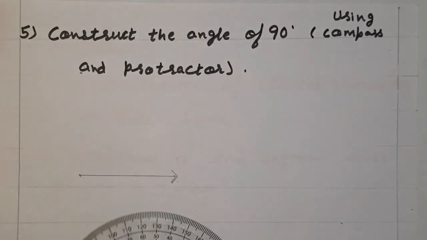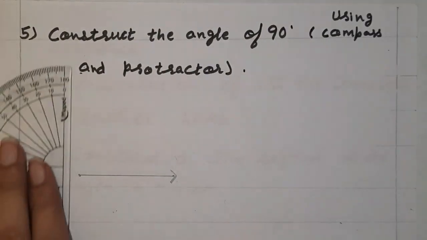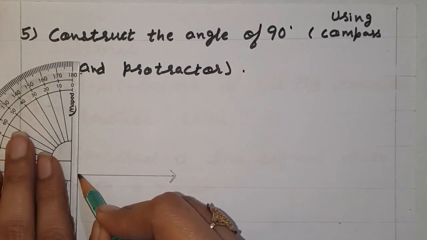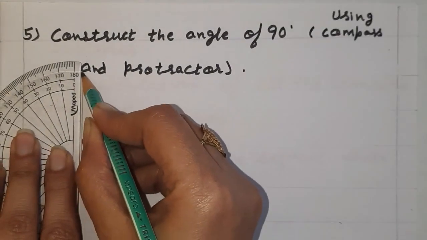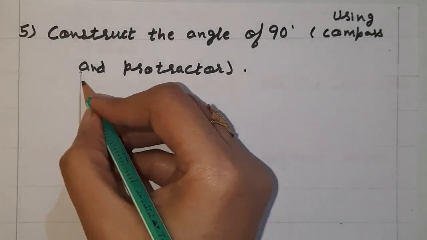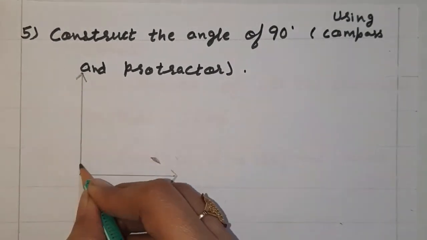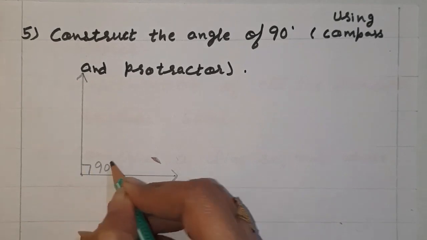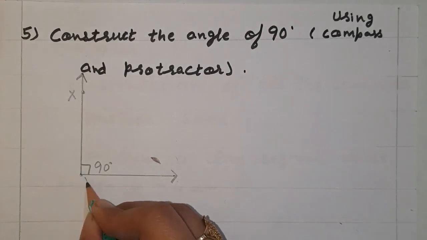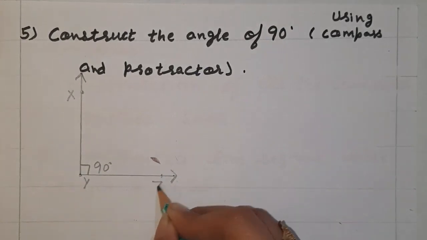Okay. Now draw the line segment. This is the angle of 90 degree. Give the name. Names are not given, so you write yourself XYZ.